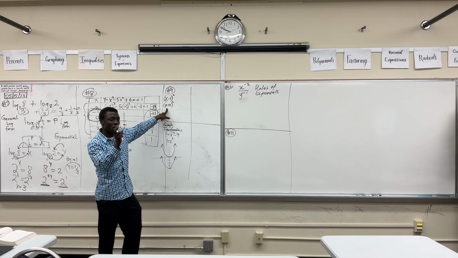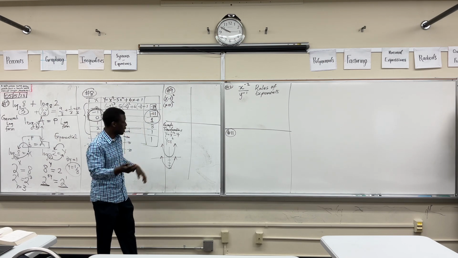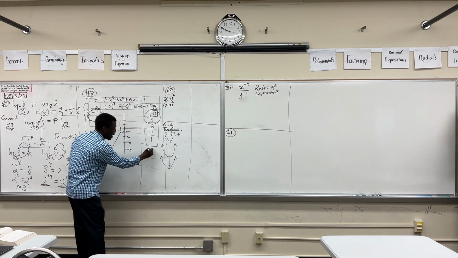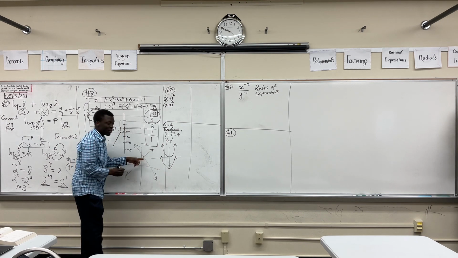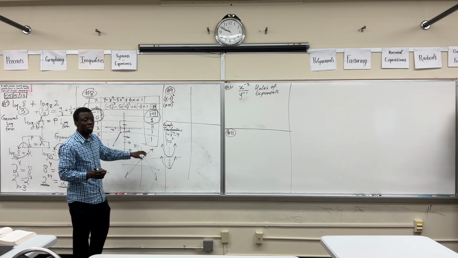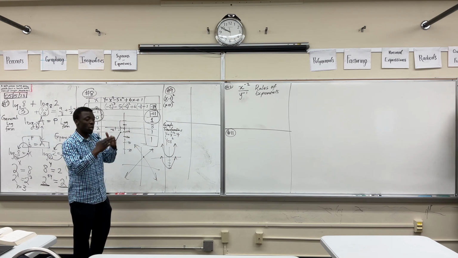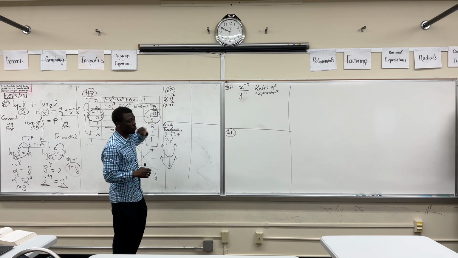So here they're asking, what are the points of intersection? And this would apply to, you remember when we did systems of equations, where you would have a line here and a line here, and that was your point of intersection, that was your solution, right? The point of intersection would be the solution to the system of equations. In this particular question, it's x minus 1 squared and x plus 1 squared.